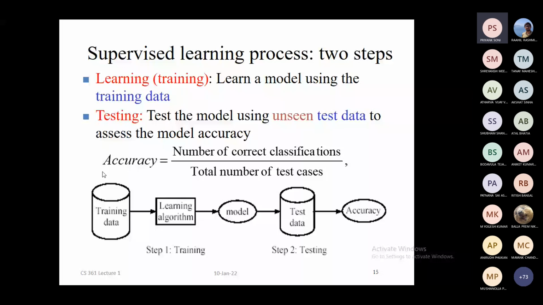But there may be cases with a different number of classes. For example, we have shown a picture of the animal kingdom, with different classes such as birds, mammals, amphibians, reptiles, etc. So a classification problem can be for multiple classes.